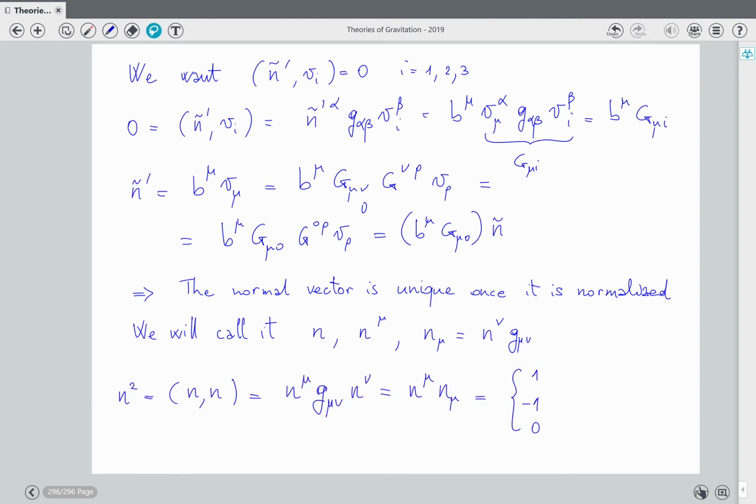And so it's unique if it's normalized, if its square is 1 or -1. If it's 0, of course, that's not really unique. So it's unique once it's normalized, if we can.